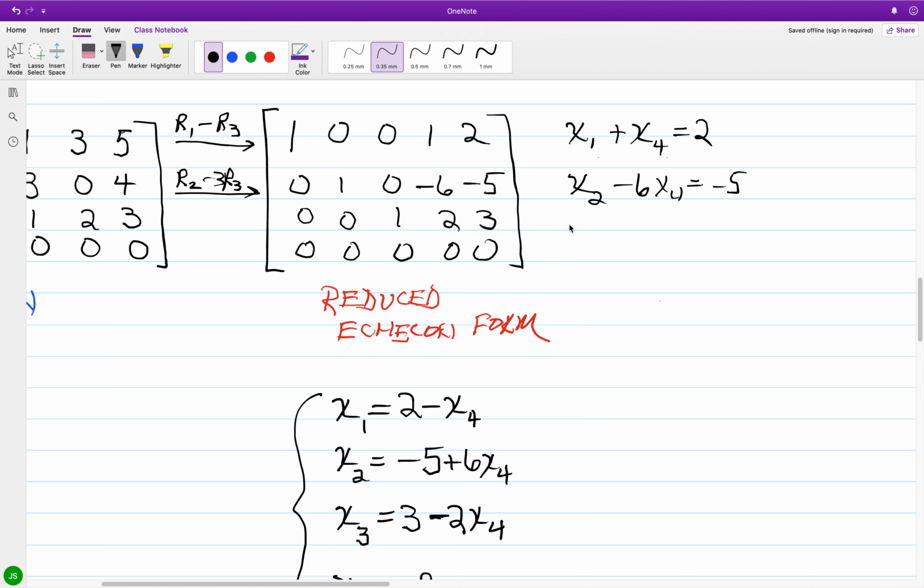For the third row, we have x of 3 plus 2 times x of 4 is equal to 3. And since I don't have any leading element to represent x of 4, again, x of 4 is free.